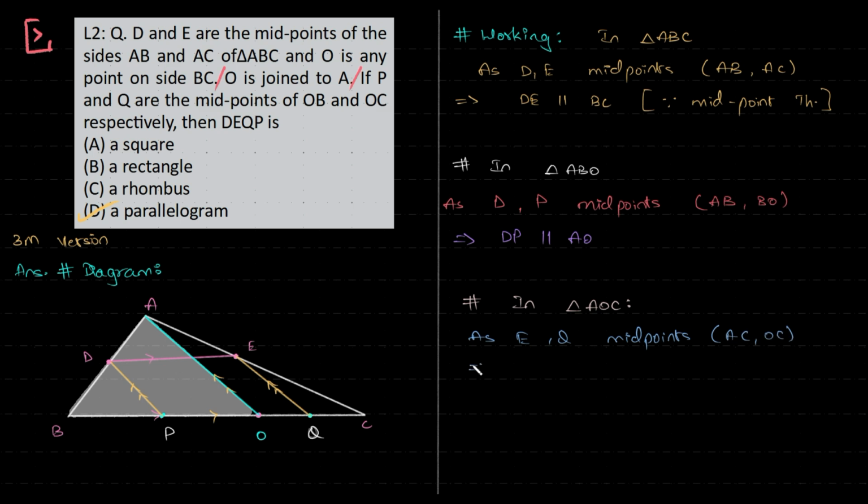From this we can conclude that AO is parallel to EQ. So from 1 and 2, what can we conclude? From 1 and 2, yes, we can conclude that DP is parallel to EQ.